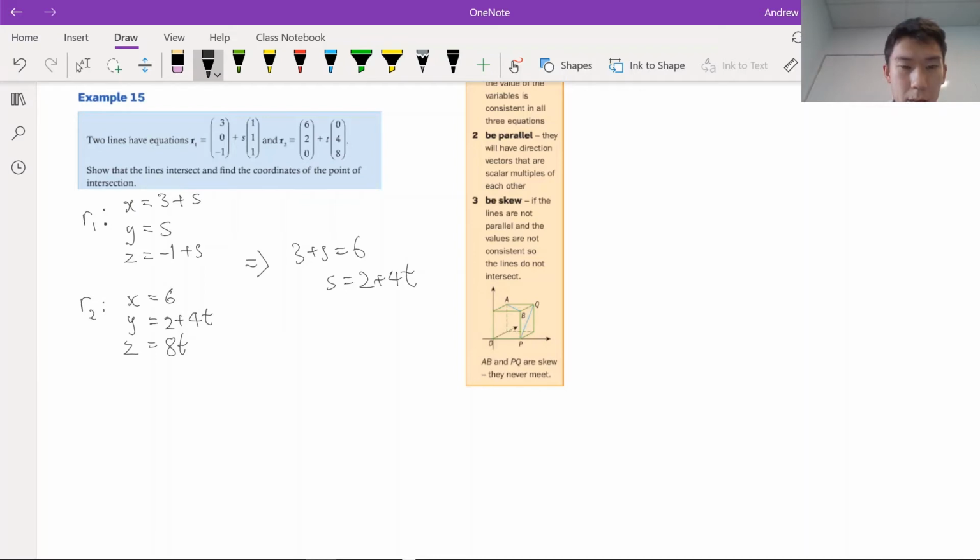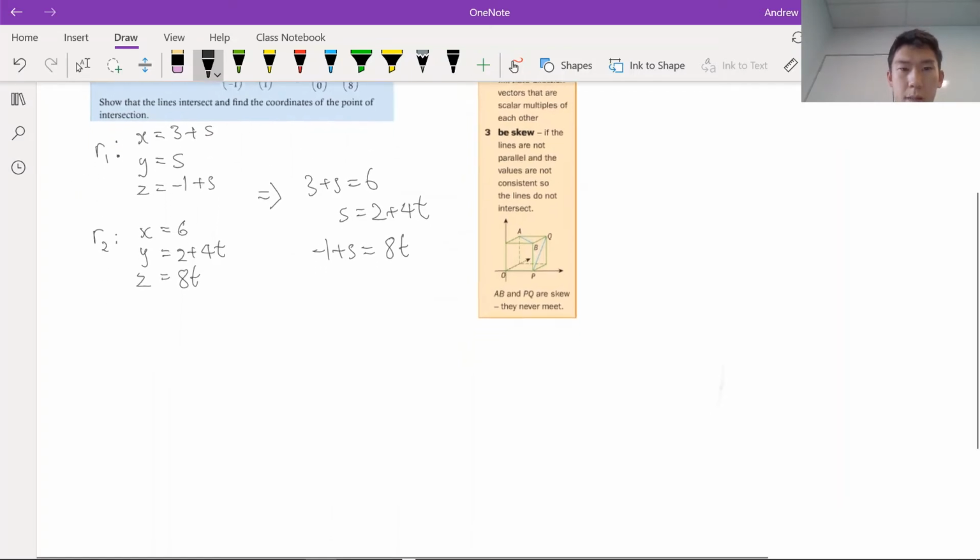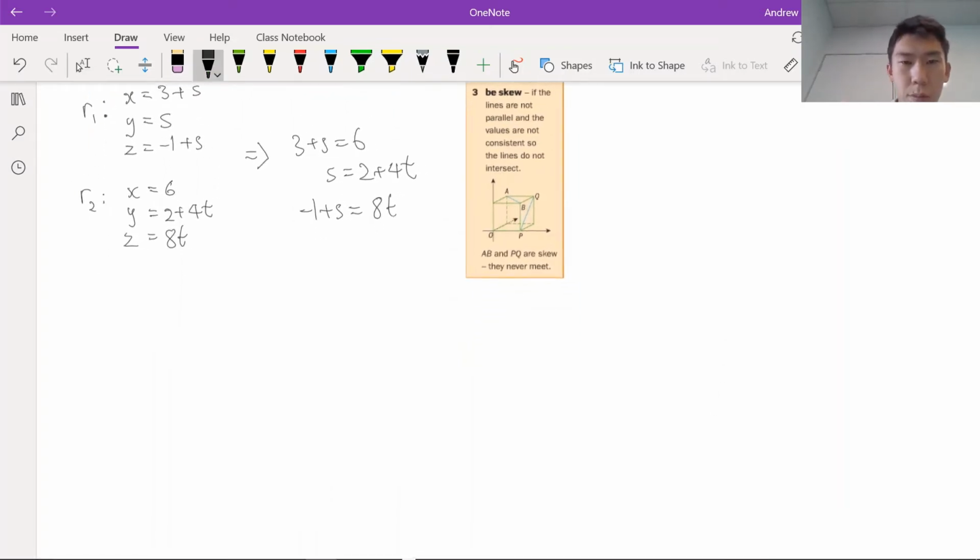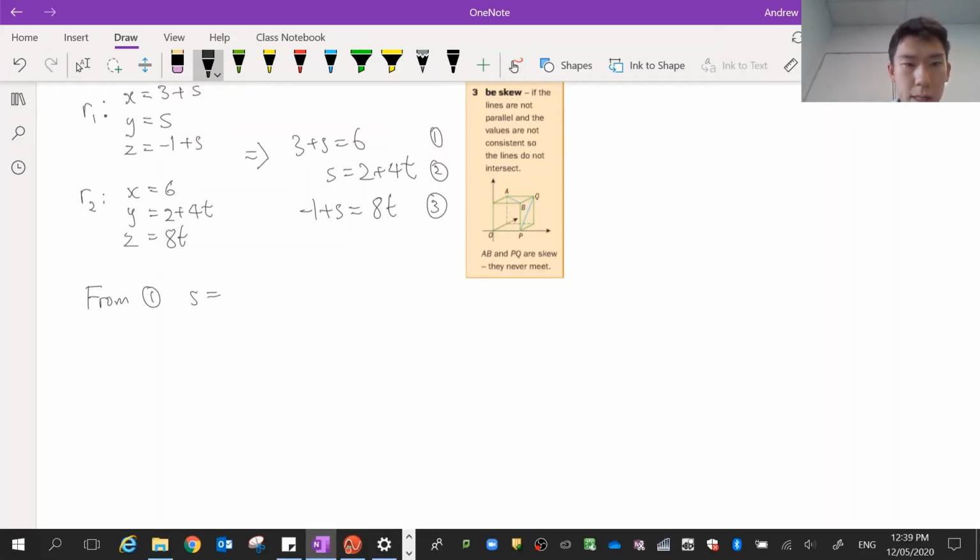And then z, sorry, negative 1 plus s equals 8t. Alright? So from this, we can label our three equations. Okay, so from 1, s equals 3.